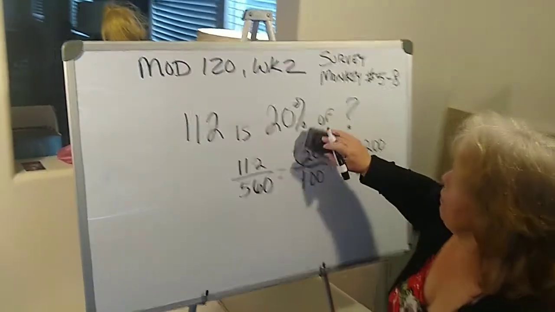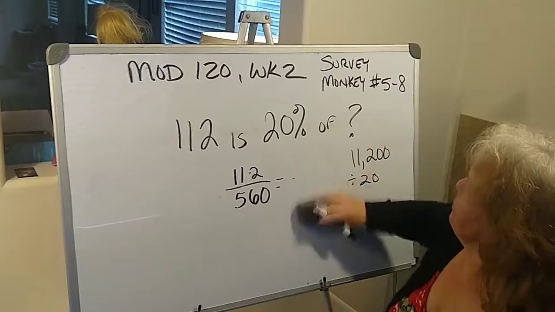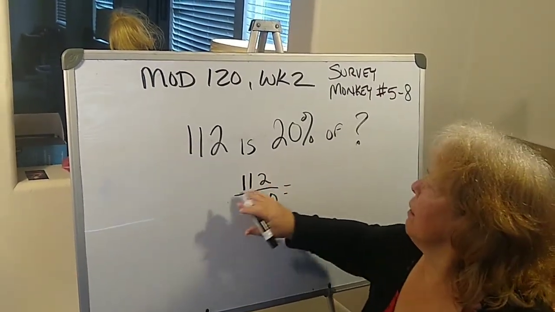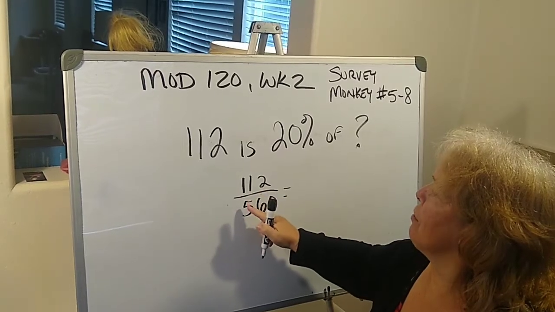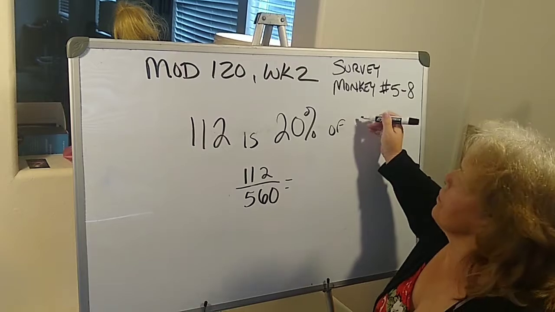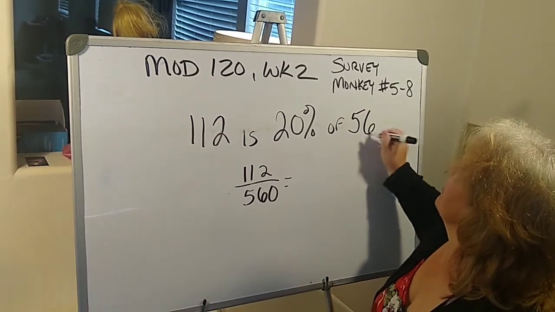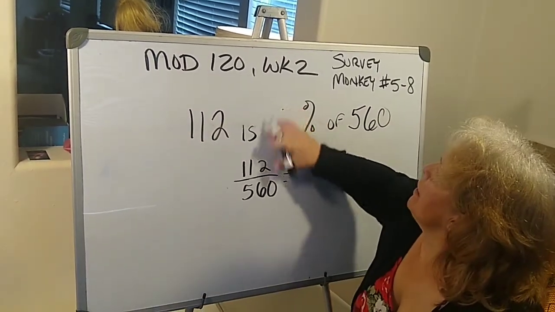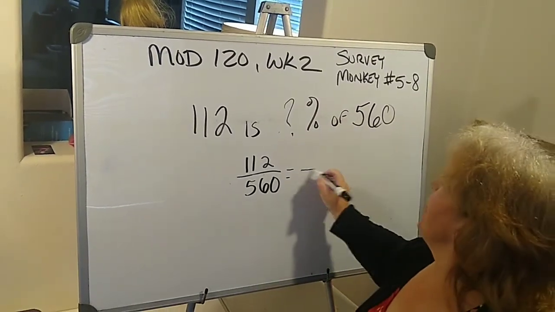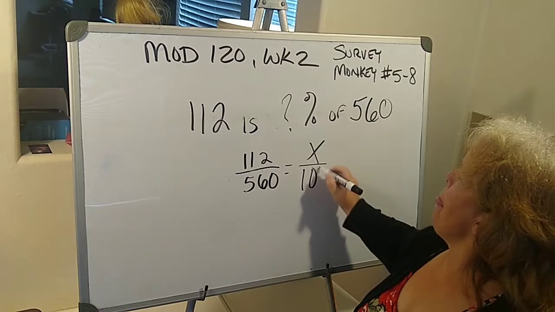Here's a good way. Let's take a little time on this. I want to check it. All right. We might get 112 over 560. So what if I was asking, 112 is what percent of 560? So the missing information is the percent.